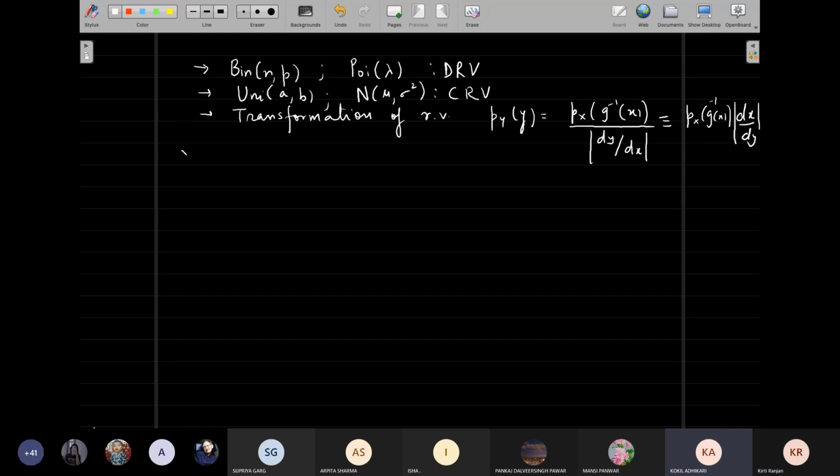So let's just consider that we have a random variable x which is distributed according to a uniform distribution between minus pi by 2 and pi by 2. So what will be the PDF of this random variable?